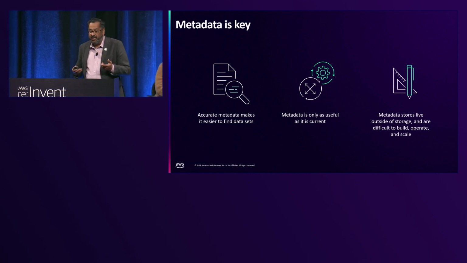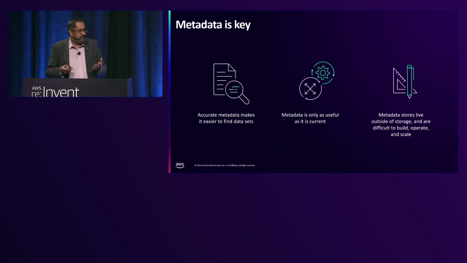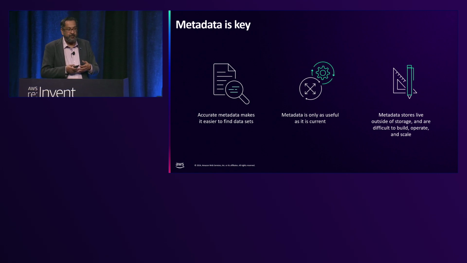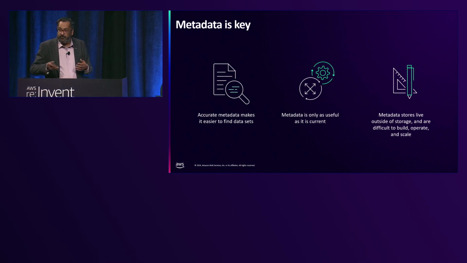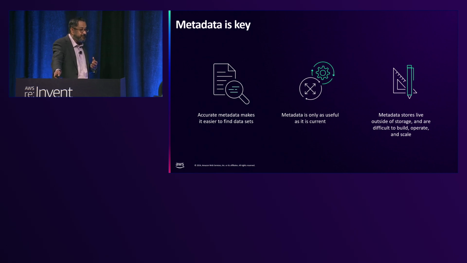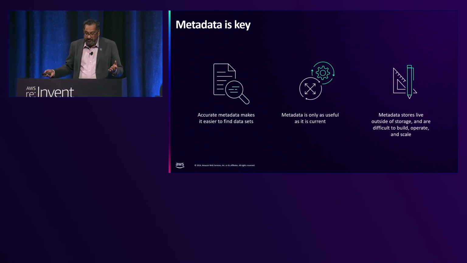Number two, it's kept up to date. As an example, if your object is in one storage class and it moves to a different storage class, you want to make sure your metadata reflects that. If you're using object tags and you update the object tag, you want to make sure your metadata reflects that, mostly in real time. Not 24 hours later, but mostly in real time.